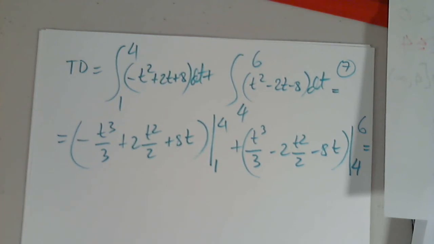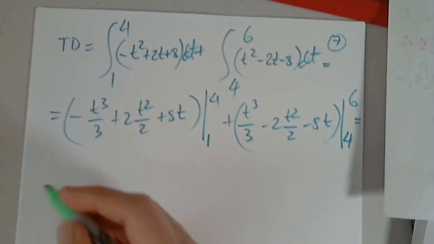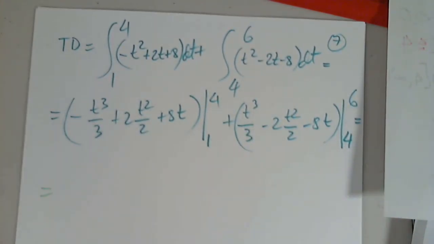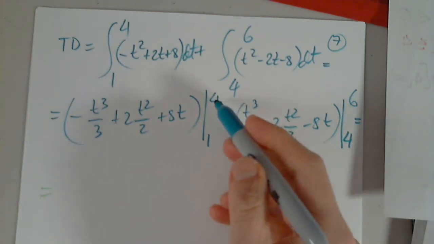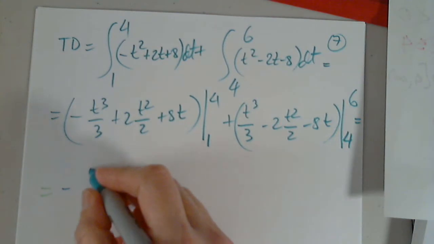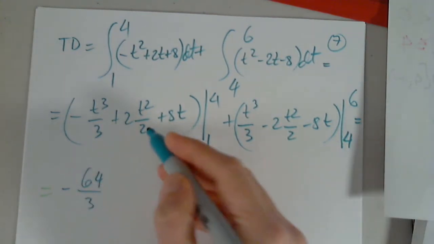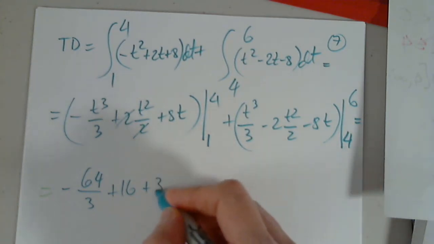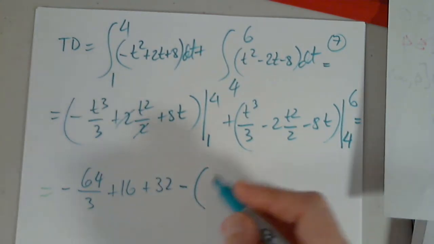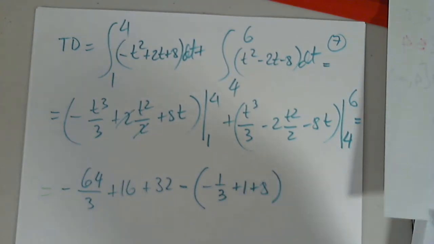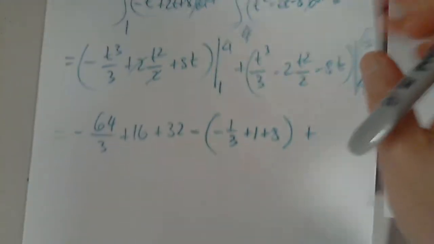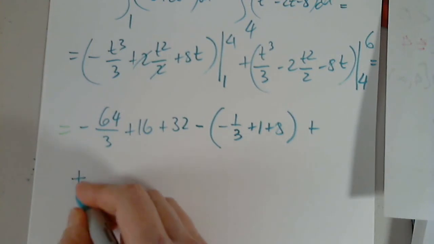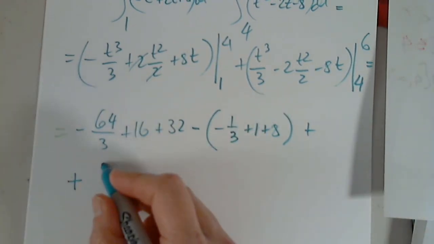Okay, so the next step, I have to plug in. I don't think that this is too visible. Okay, so when I plug in 4, 64 over 3 plus 16 plus 32 minus, careful now, negative 1/3 plus 1 plus 8 plus, I plug in 6.